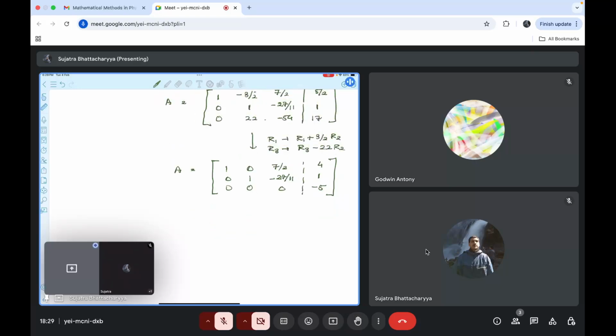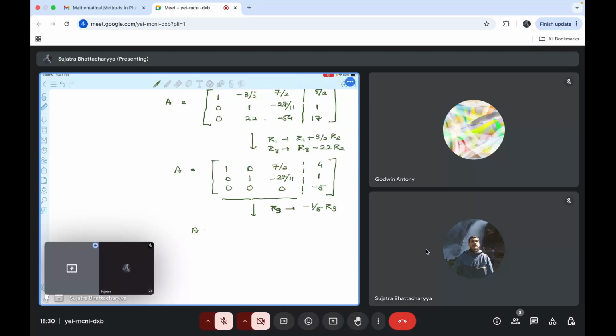So look at this. Here we have done this. Okay, this we have already seen, but this is a new thing. See, there is a scope again to convert this particular column into a 0 0 1 kind of column. So let's try that. One extra step here is R3 as minus 1 by 5 R3.